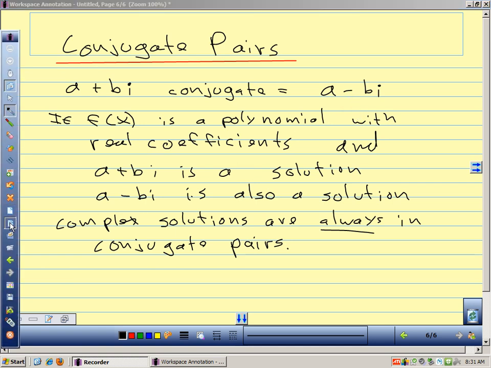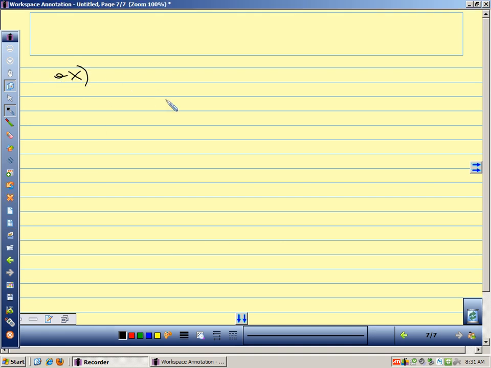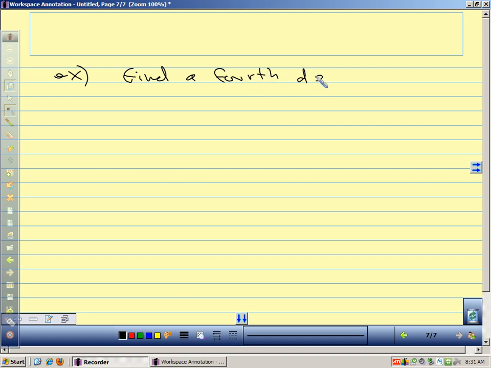But the problems that you'll see would be something like, let's see, we want to find a fourth degree polynomial with zeros 0, 1, and i.